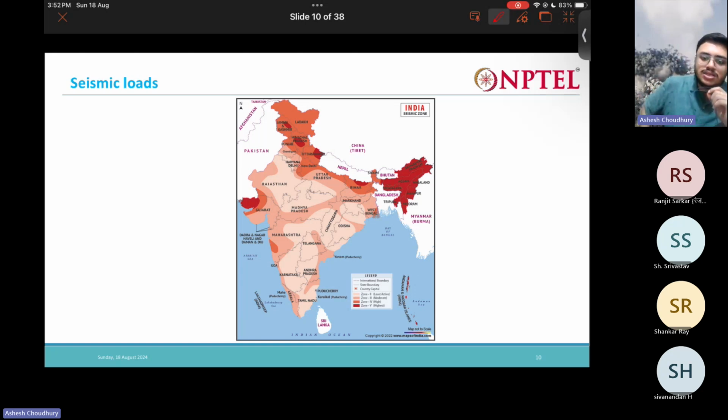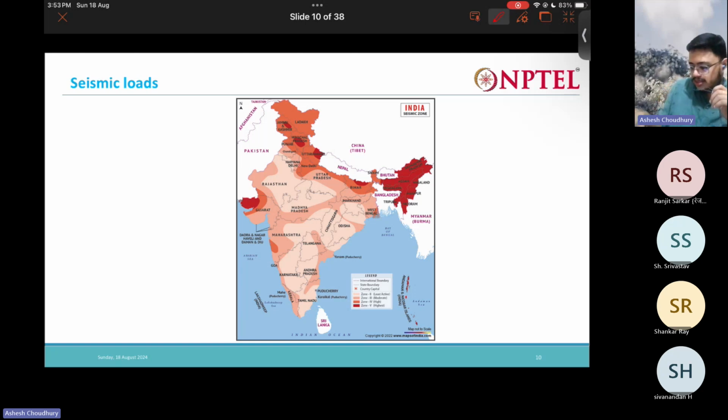The northeast region is a high seismic activity region because of the Eurasian and Himalayan plates, which are constantly moving towards each other, due to which there is constant seismic activity in this region.